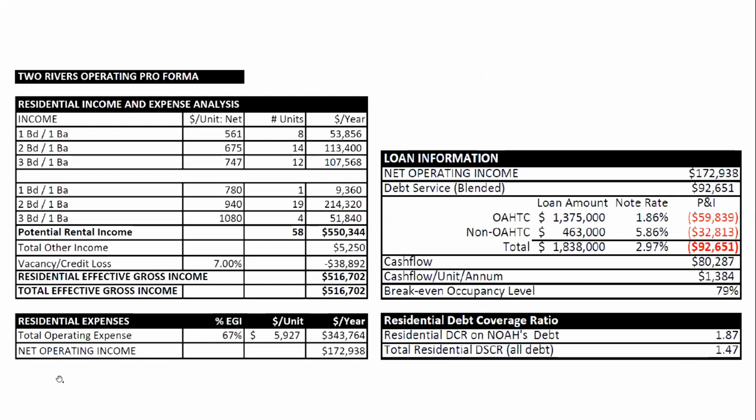And then there's your rents at the two different sites. The rates on the loan with OHTC and without, and the payments, principal and interest payments, and then just the overall big picture details of the loan.